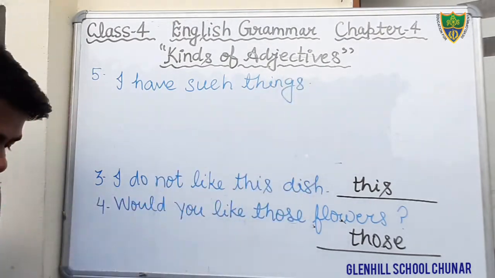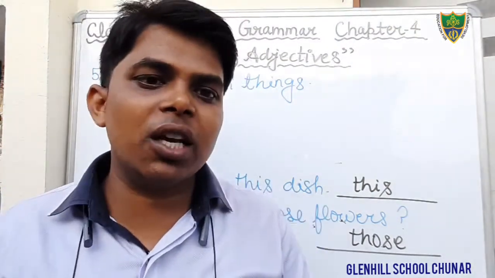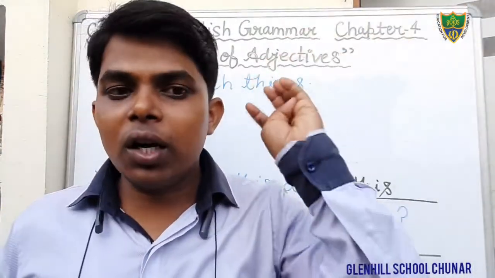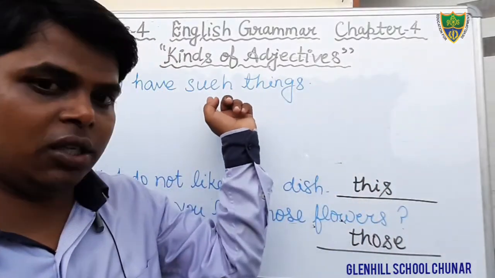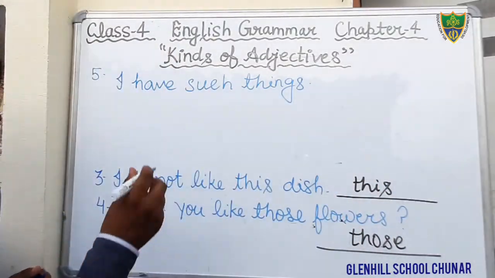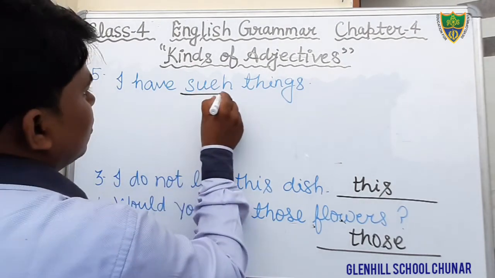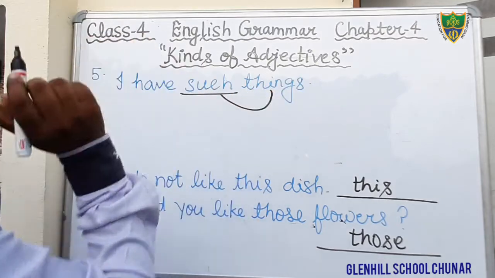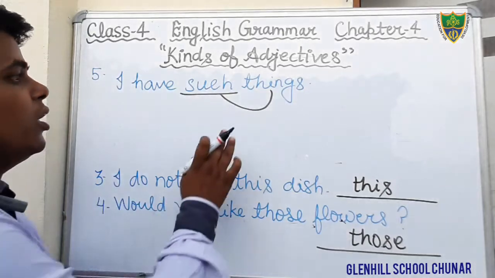Dear students, I have told you there are 5 words that we generally use to point out something, that we generally use as a demonstrative adjective: this, that, these, those, and such. Here we are getting the word such. Here the word such is also used to show the things.